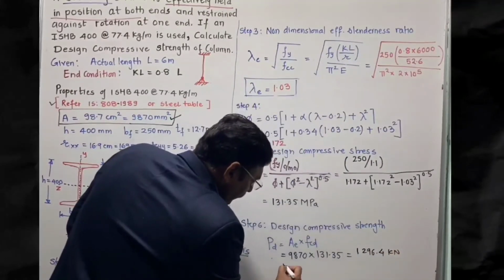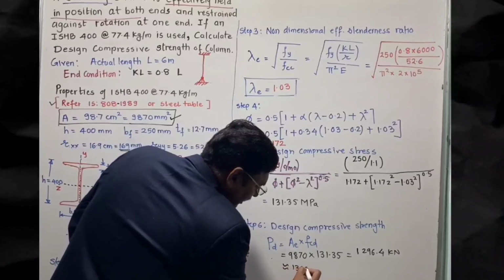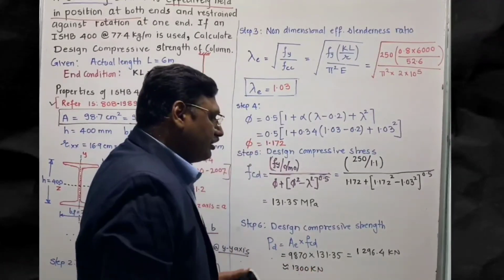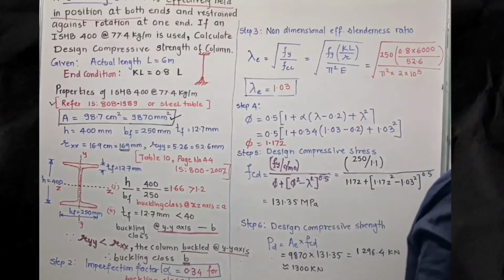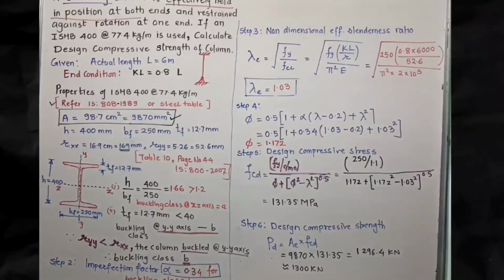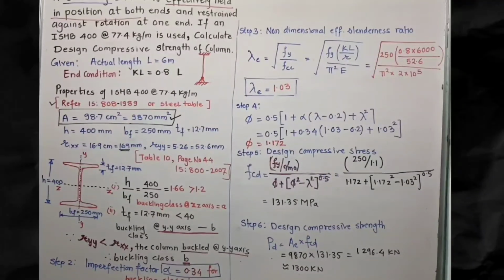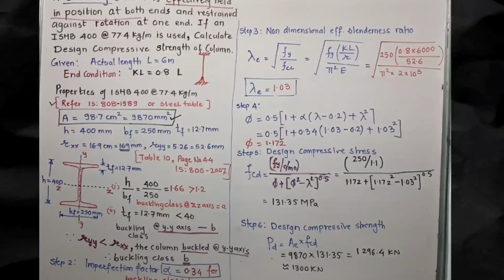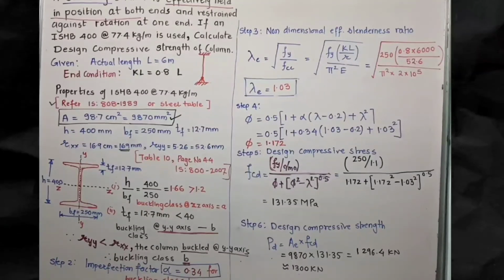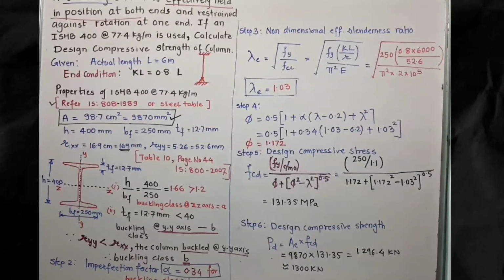So it is approximately the same, that is 1300 kilonewton. The value will be slightly changed, but it is approximately the same. In the previous calculation also we got 1299 and now we got 1296.